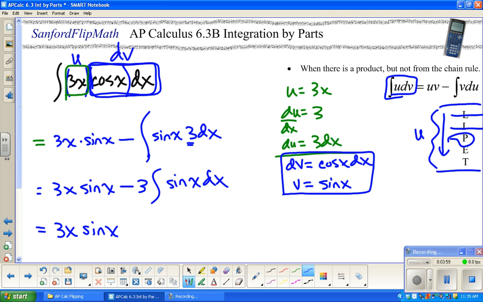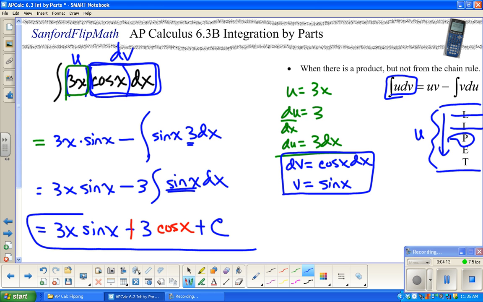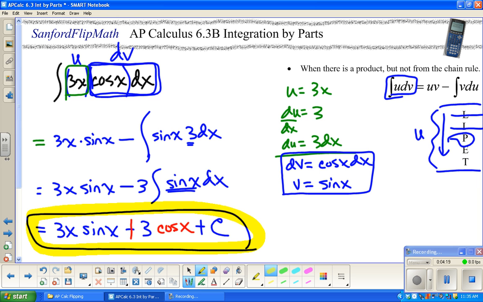So this becomes minus 3 times the antiderivative of sine, which is negative cosine. So I'm going to put that as a plus, and I need a plus c on the end, and we can wrap that up to go. It is done.